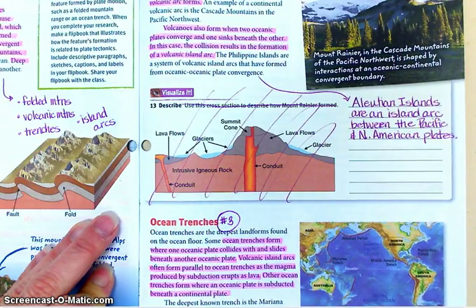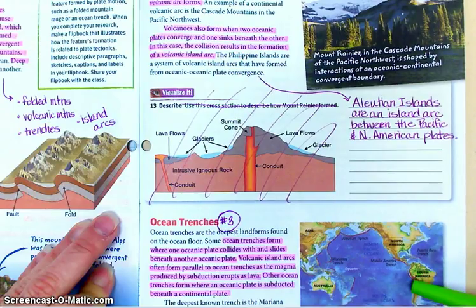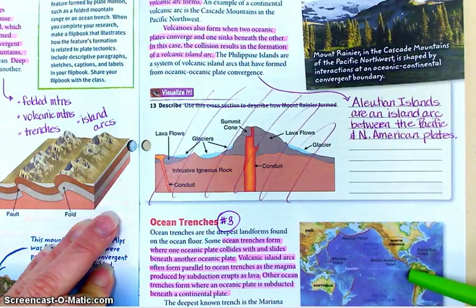Other ocean trenches form where an oceanic plate is subducted beneath a continental plate. Great example of that is over here. It's kind of hard to see on mine, but you can look at your own copy. There's a little red line along the west coast of South America.